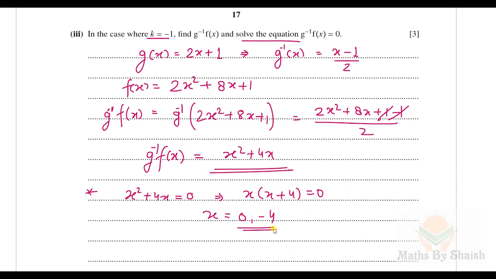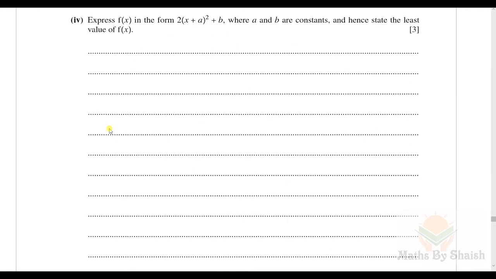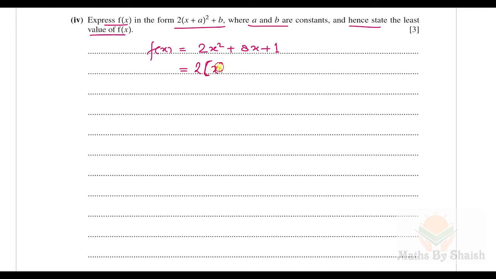In the fourth part, express f(x) in this form where a and b are constants, and hence state the least value of f(x). So f(x) is this, and we know that we are going to use the completing square method. For that we require the x square coefficient as 1, so I'll take 2 common, and we'll write it as 2 times the square bracket, x square plus 4x. We'll leave this 1 apart. We are only going to do the calculation here, because for using the completing square method we require only the x coefficient.